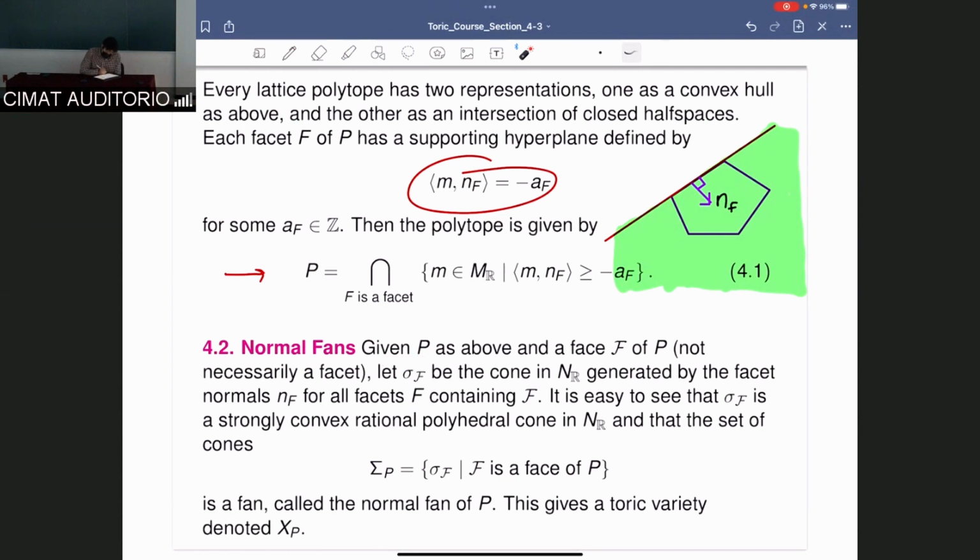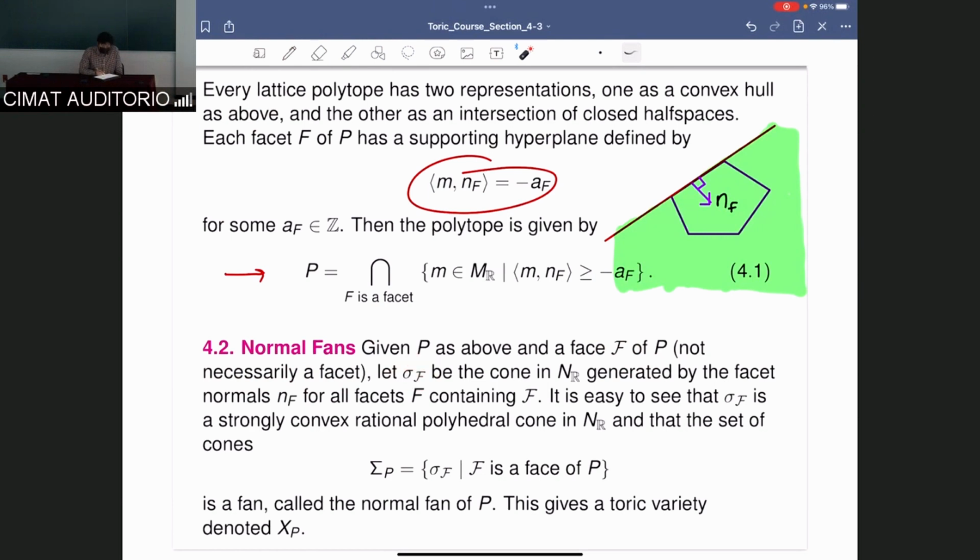How would that be? For any face of the polytope, notice that we are using a different font to distinguish it from the facet that we are calling like normal font F. This is like fancy font F. Given any face F, not necessarily one of the uppercase ones with normal font F, we are going to construct a cone.